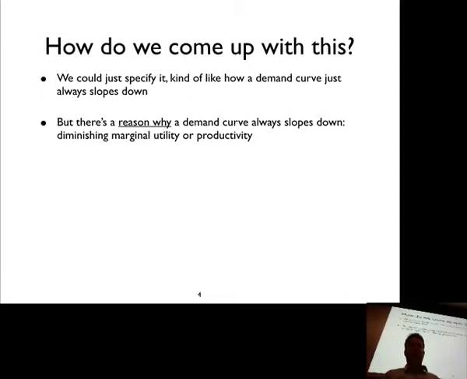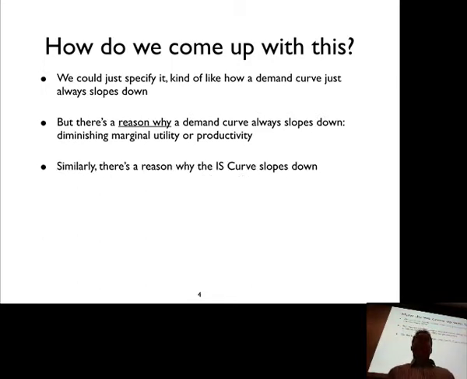The story about a demand curve, say for donuts, is that as you eat more donuts, the marginal utility of an additional donut goes down, right? So you've had the first donut, that's pretty good. That's a high marginal utility, you'd be willing to pay a very high price for that. But then with each additional donut that you buy, you start getting filled up with donuts and the marginal utility is lower. Just like that then, there's a reason why the IS curve slopes down. And let's talk about this more in detail.